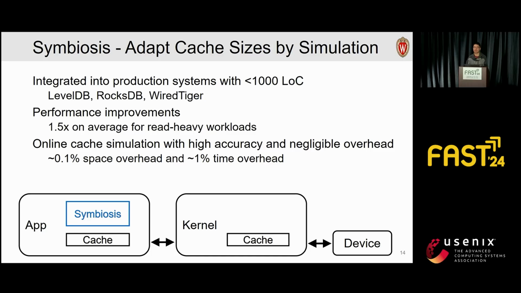Symbiosis is integrated into 3 production systems, each within 1,000 lines of code change. It improves performance by 1.5x on average for read-heavy workloads. Symbiosis applies several optimization techniques to achieve high accuracy in online cache simulation while incurring negligible space and time overhead.